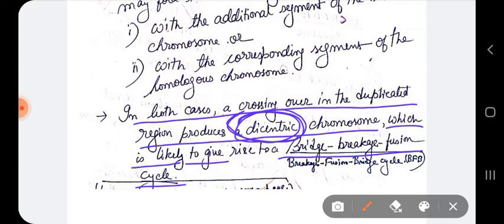By looking at the diagram, you can imagine what I am trying to say. This gives rise to a phenomenon called the bridge breakage fusion cycle, also called BFB, bridge fusion breakage cycle. So I think you have understood what I am trying to say.